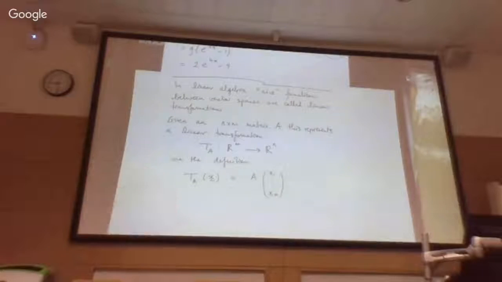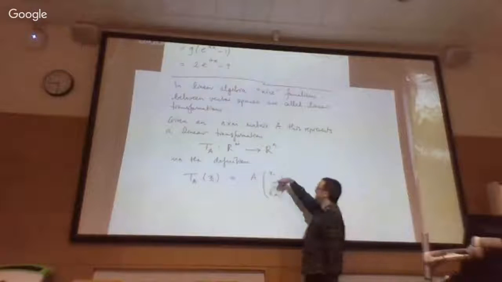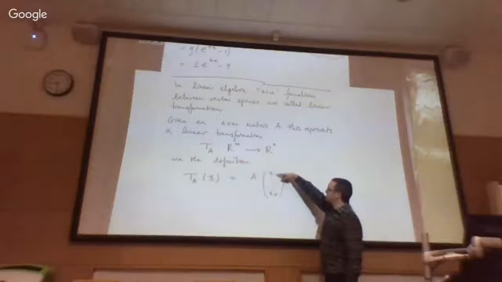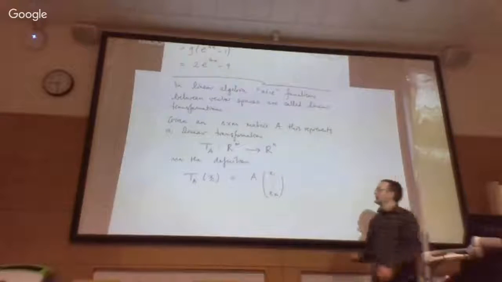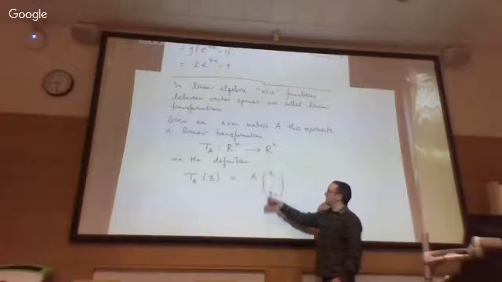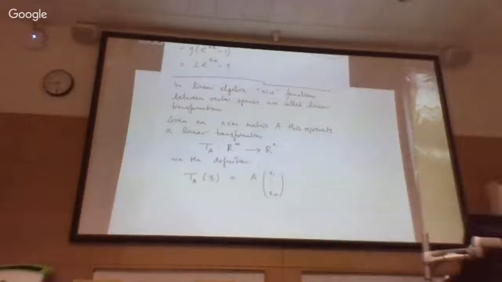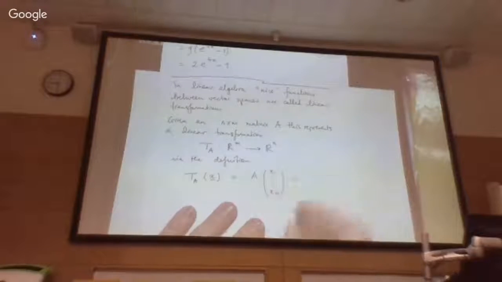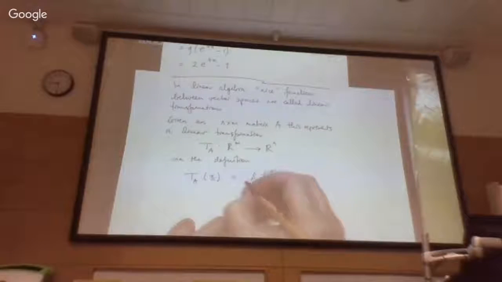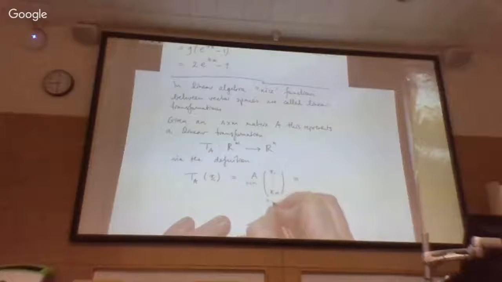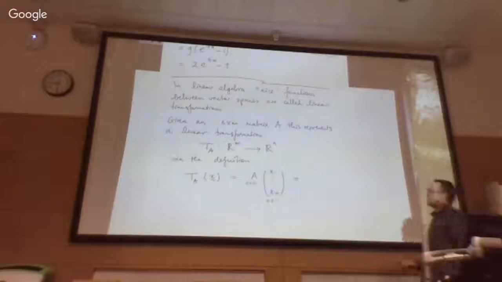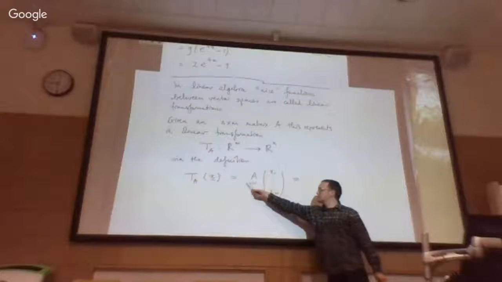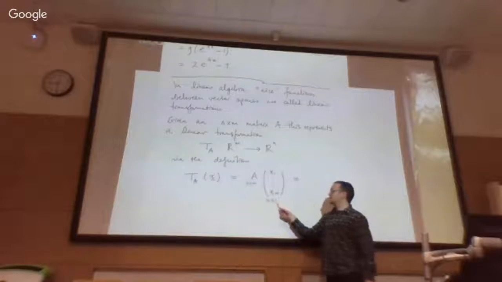So that's what a vector x from Rm looks like, a column vector with m components. And if A is an n by m matrix, these will multiply together. Remember the rule for multiplying matrices: if you have n by m and this is an m by 1 matrix, the dimensions of the product will be n by 1.